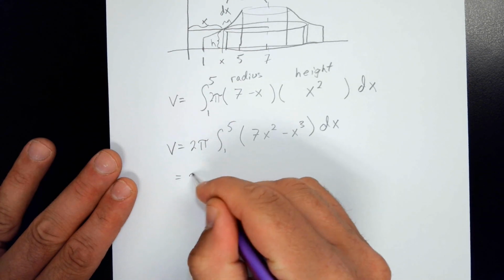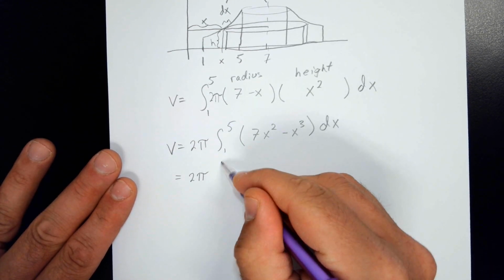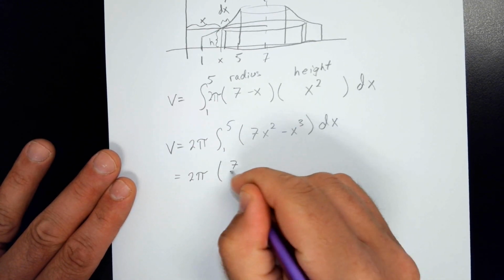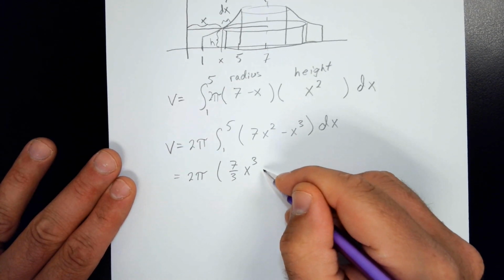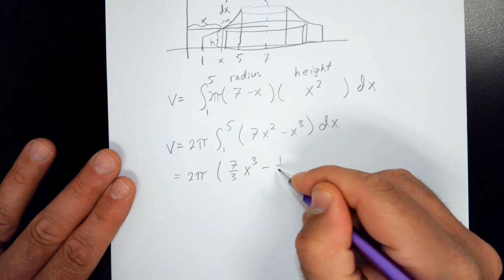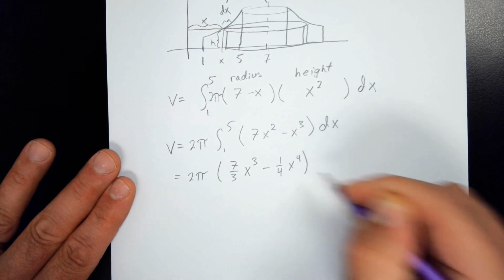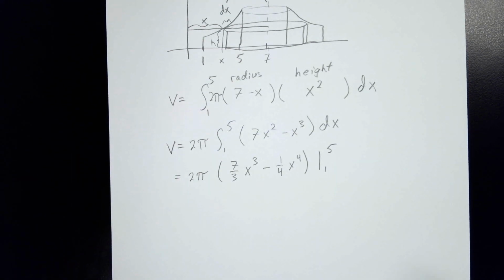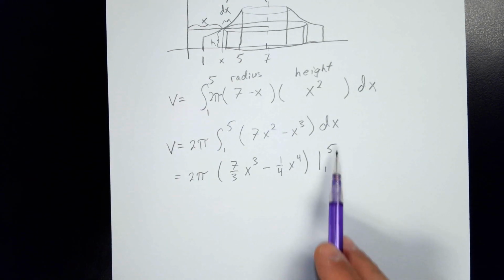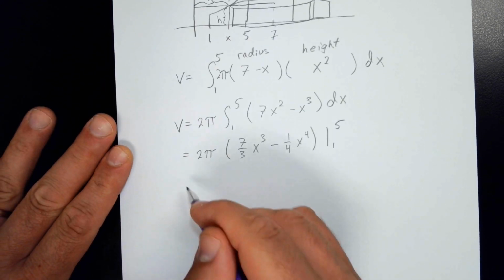Okay, so this would be 2 pi. Let's see, the integral of 7x squared would be 7 over 3 x cubed. The integral of x cubed would be 1/4 x to the 4th. And here I'm going to evaluate from 1 to 5. I'll have to think about these limits of integration a little bit.